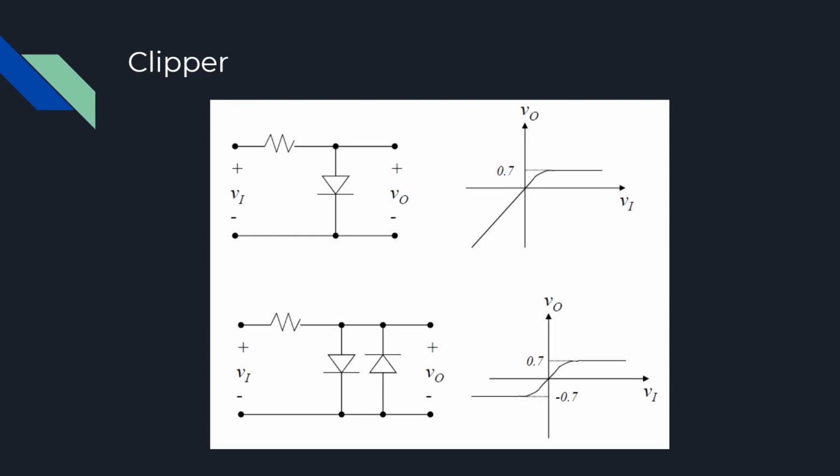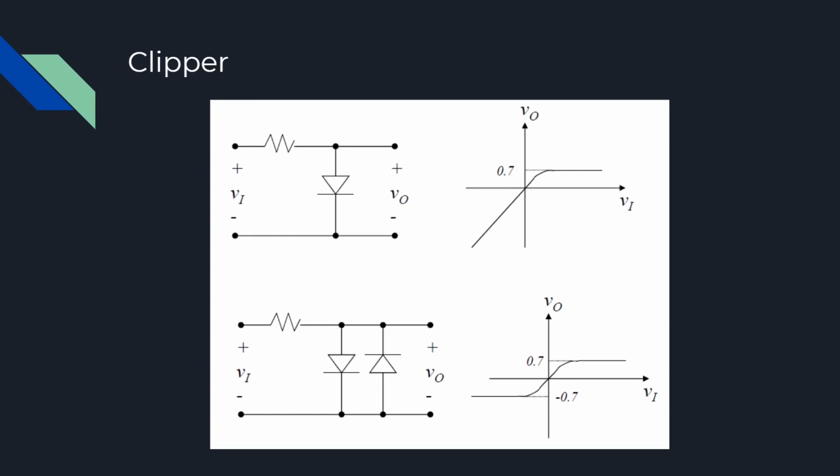Then the output voltage won't be higher than 0.7 volts, even though the input voltage keeps increasing. For the second circuit, two diodes are placed in opposite directions. If the input voltage is positive, the diode on the right-hand side will be cut off, and only the left-hand side will work.